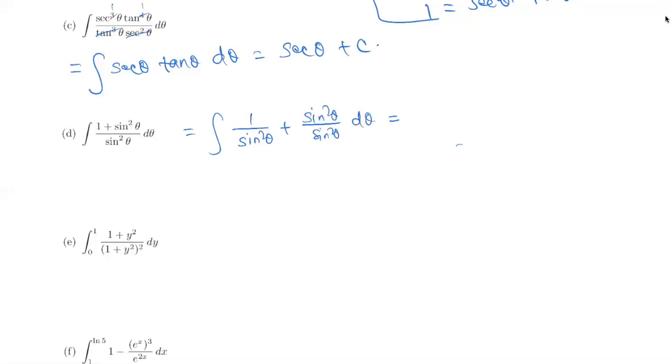Any idea what 1 over sine squared is? It's the reciprocal of sine, cosecant. So cosecant squared plus 1.